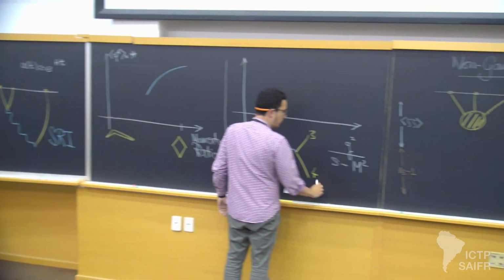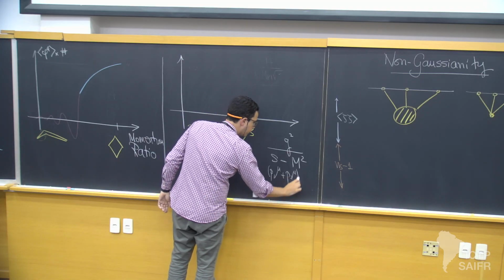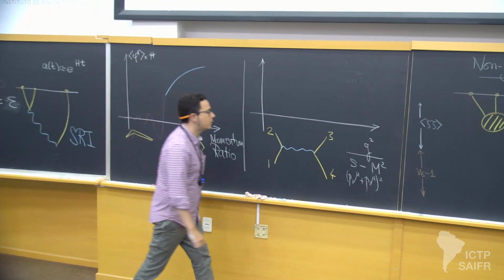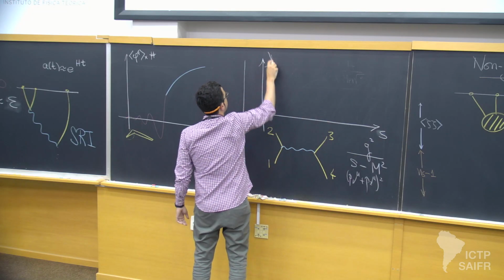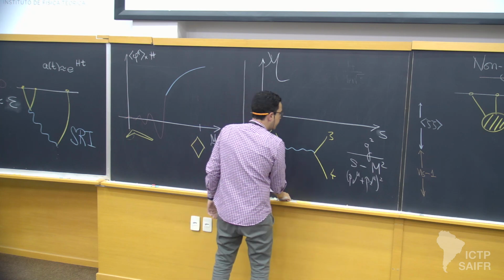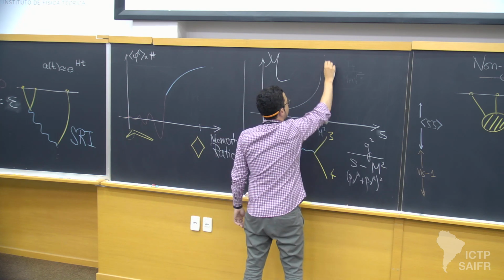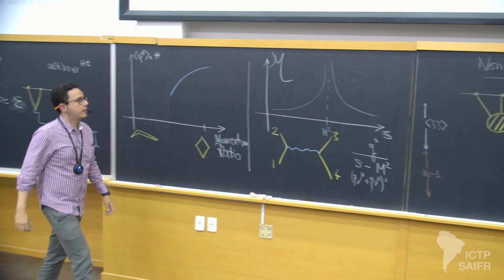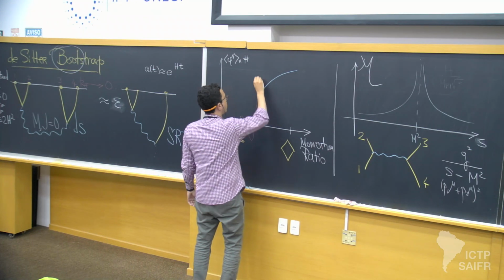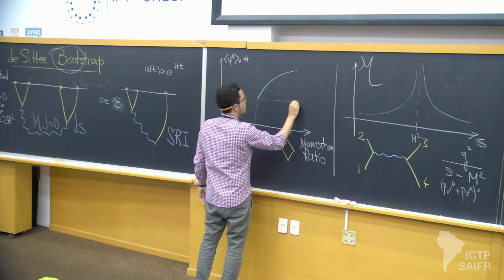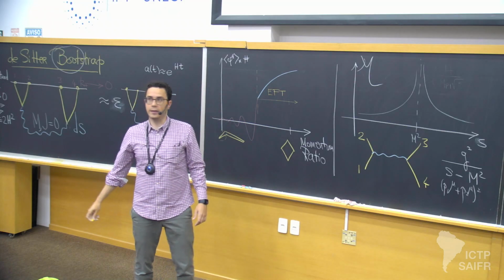the cosmological correlator, where S is the Mandelstam invariant, (P1 mu plus P2 mu) squared, the center of mass energy. So if I plot S here, and I plot the scattering amplitude here, then I see that at M squared, it has a big feature, and then off it goes. Okay, then it decays. So this part of the plot is something that you would fit with effective field theory, just with hard contact interactions.